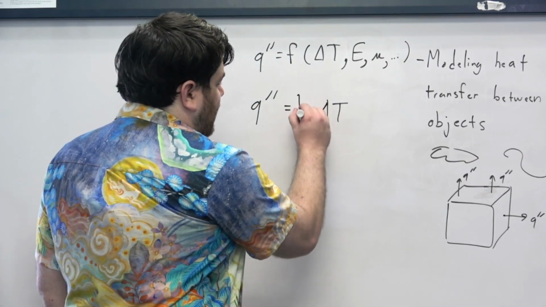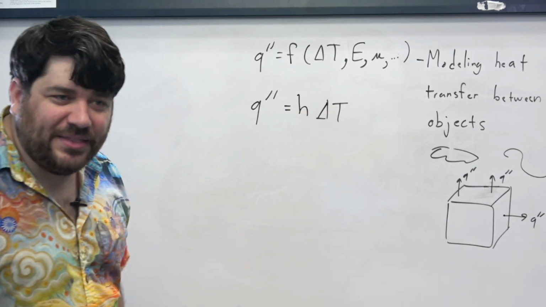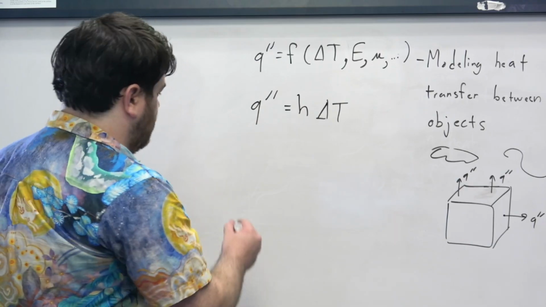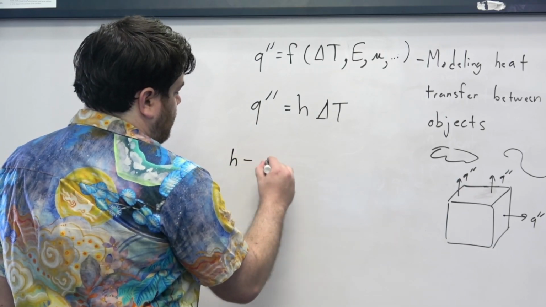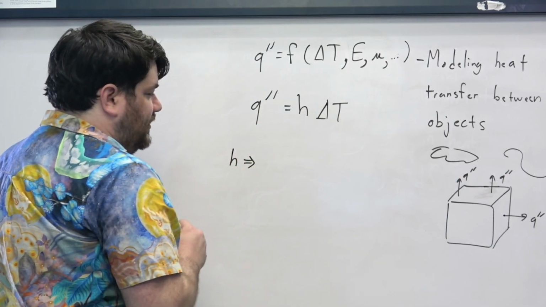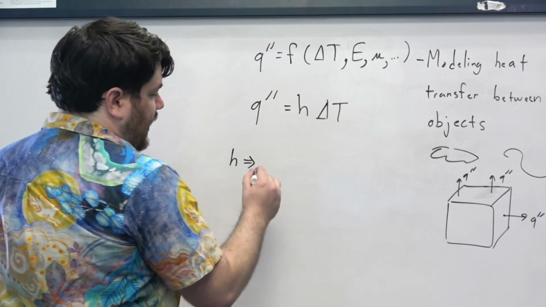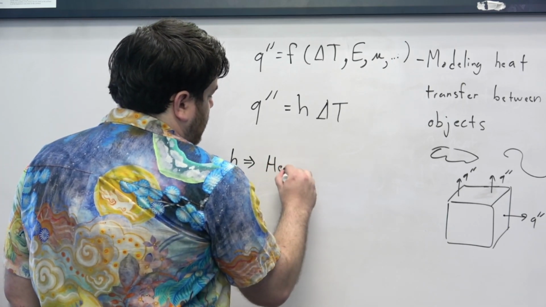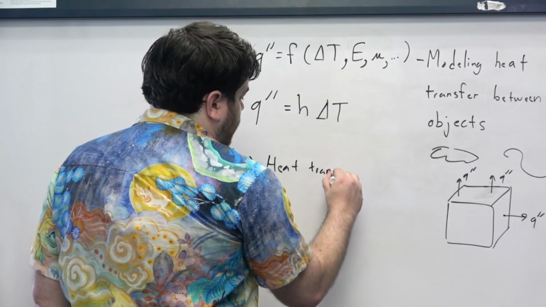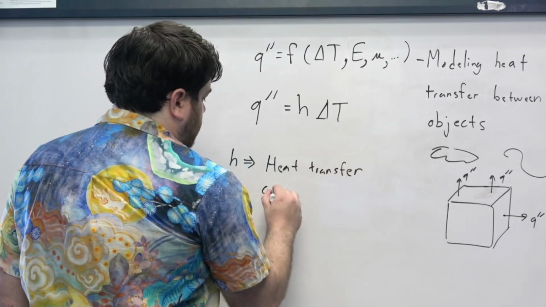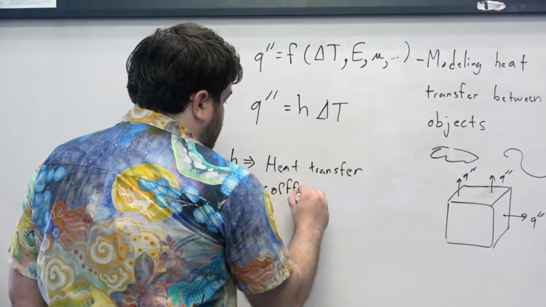And the slope of that line would be described by this constant h. And this h is usually referred to as a heat transfer coefficient.